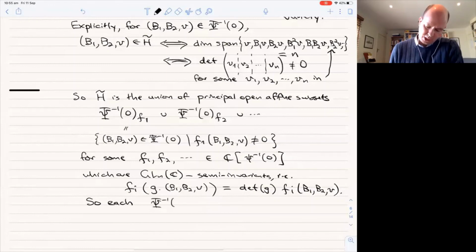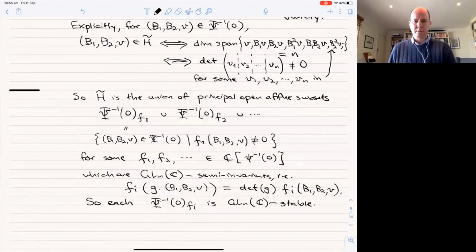It's enough for the condition that this polynomial doesn't vanish to be preserved by GLNC.